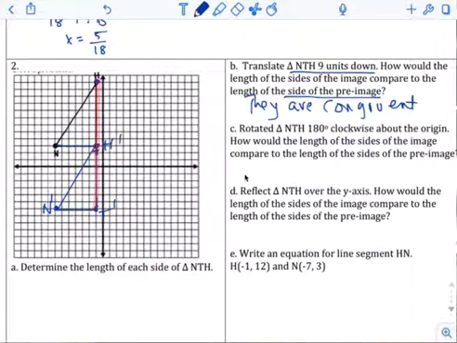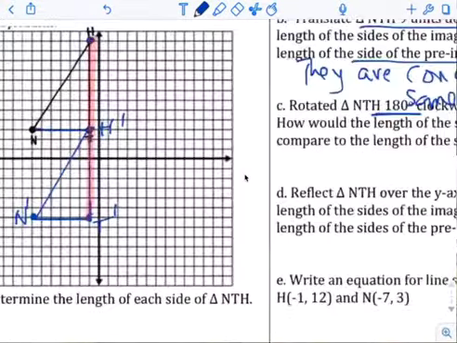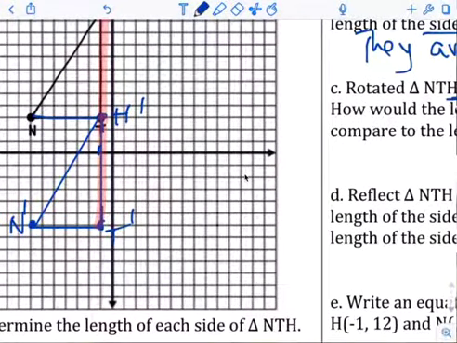Rotate it 180 around the origin. How would the length of the image compare to the pre-image? 180. Remember, it stays the same. So T is, I should have put numbers here, 1, 3. So it's 1, 3 here. T double prime.